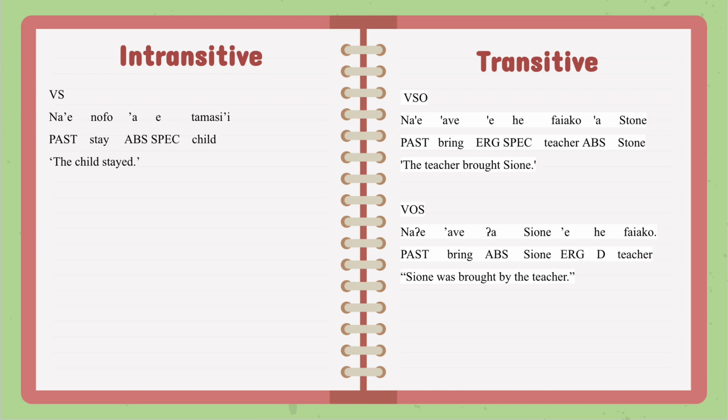The case marker E plays the ergative role, which means the subject of the transitive clause. This system we call ergative-absolutive case marking. This is the central organizing property of Tongan syntax, and it is visible in argument marking and many syntactic behaviors, such as movement.